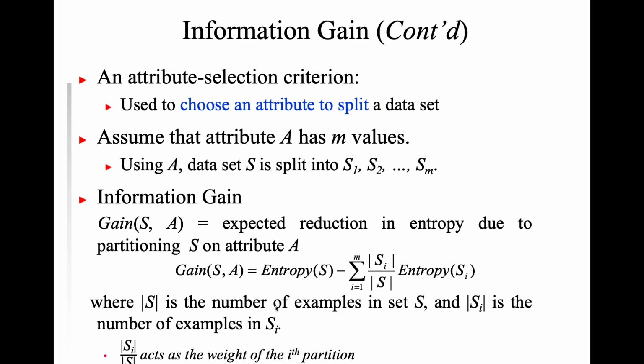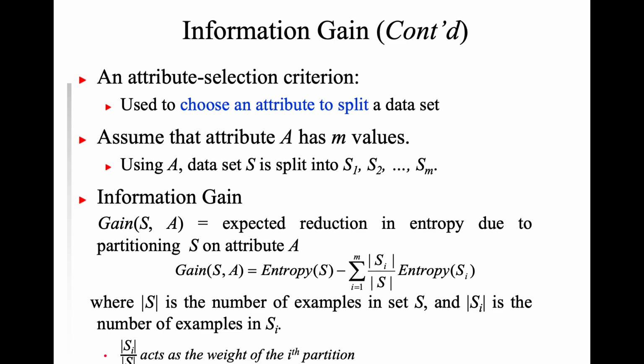So what is the formula for the information gain? The gain of S with respect to A, where A is our feature. For example, we can have the gain of S and feature outlook. We can have S and feature A be wind or temperature or other features. You first have to calculate the entropy of that subset or that partition.